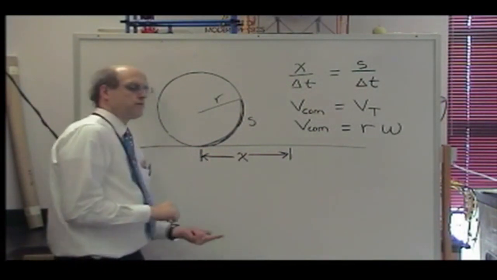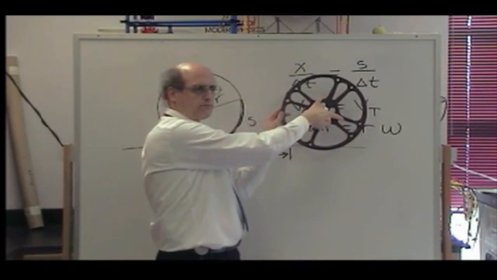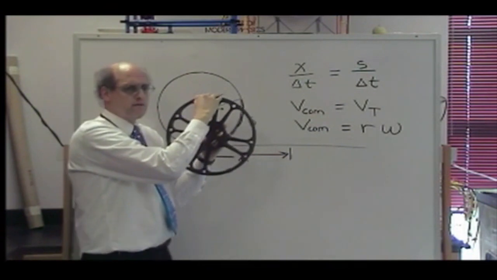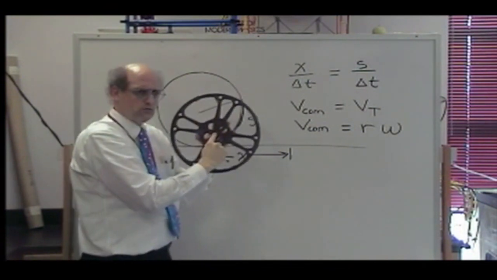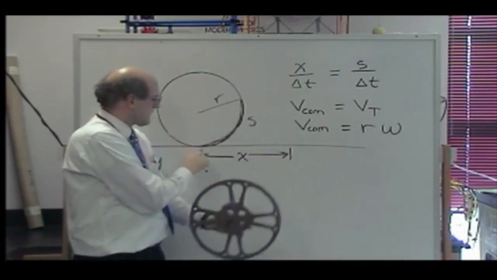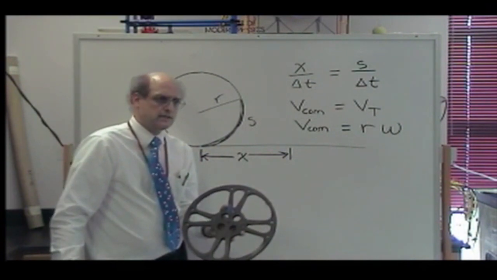So we can conclude from this that if a wheel is rolling without slipping, the top of the wheel is traveling twice as fast as the axle, and the point of contact, that is here, must always be instantaneously at rest.